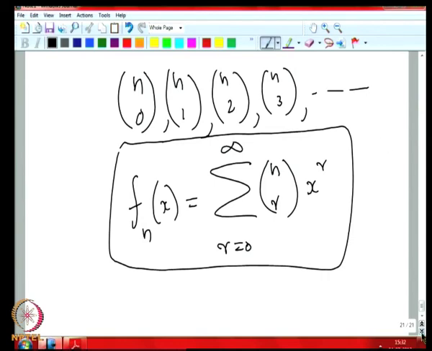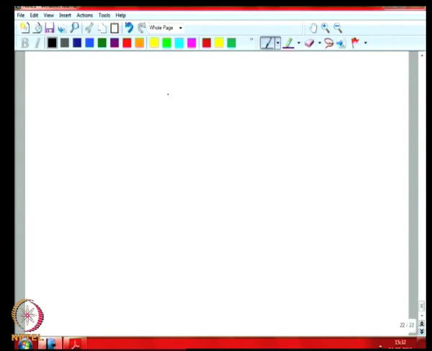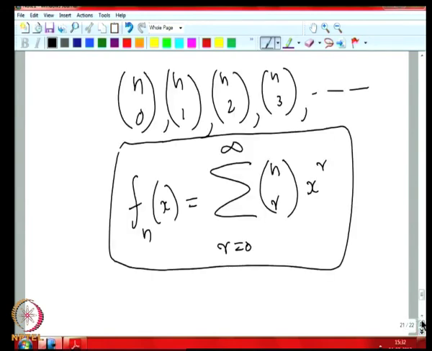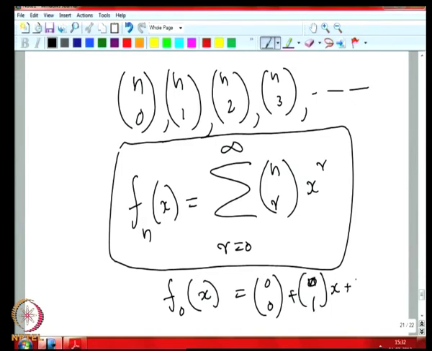So, now I will do one more thing. Because this recurrence relation was valid for n greater than or equal to 1, I will see what is f_0 of x. f_0 of x will be 0 choose 0 plus 0 choose 1 x and so on, 0 choose 2 x squared, but these are all zeros, therefore they will not be there.